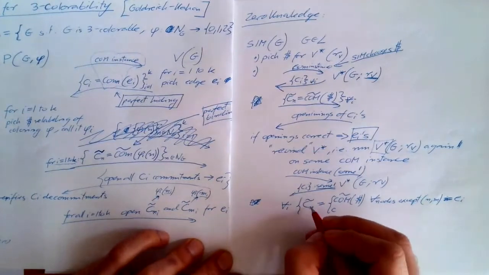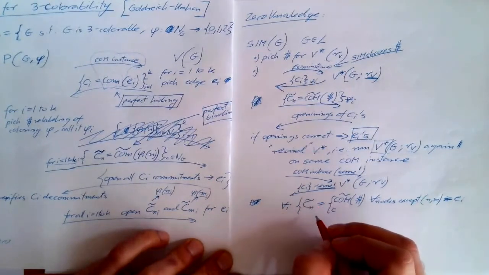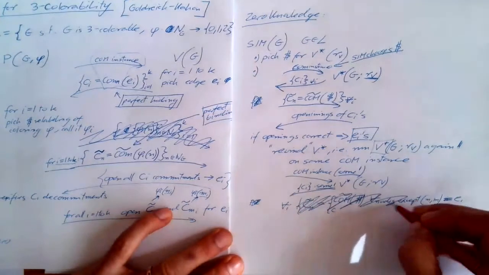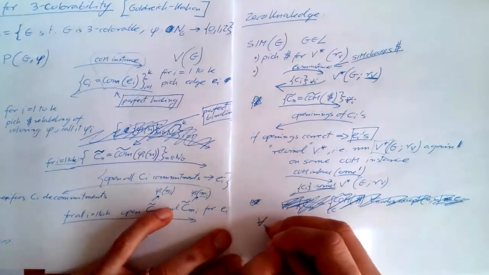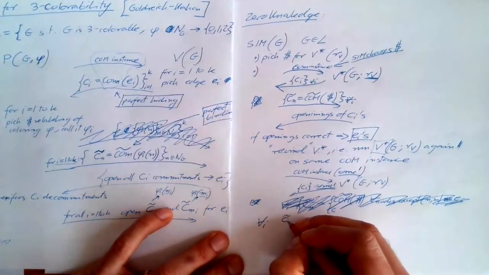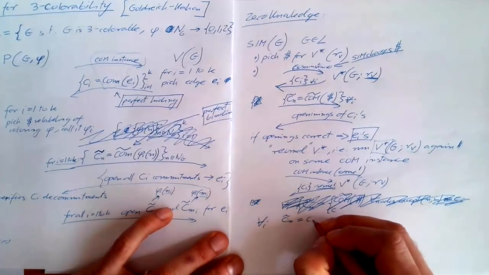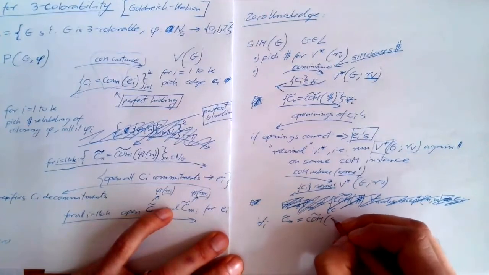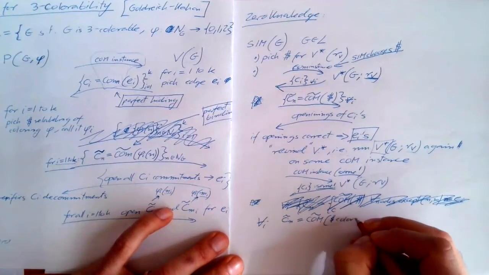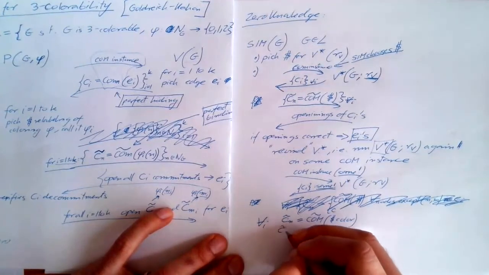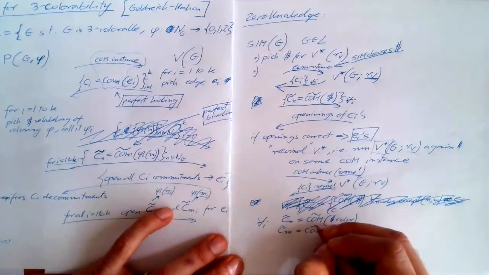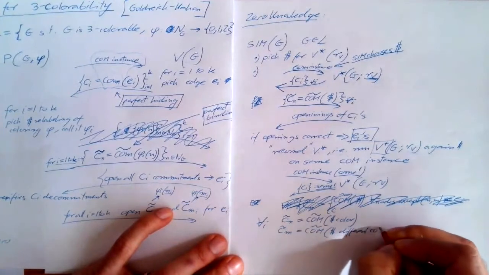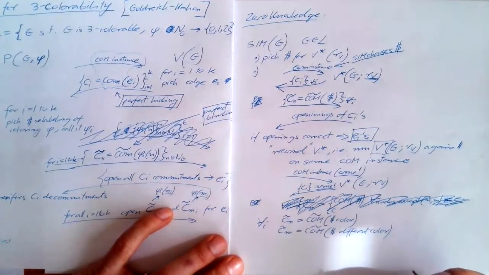Okay, I want these commitments to be such that for all i, the commitment to n is a commitment to a random color. A commitment to m is a commitment to a random different color. You have 6 choices here.